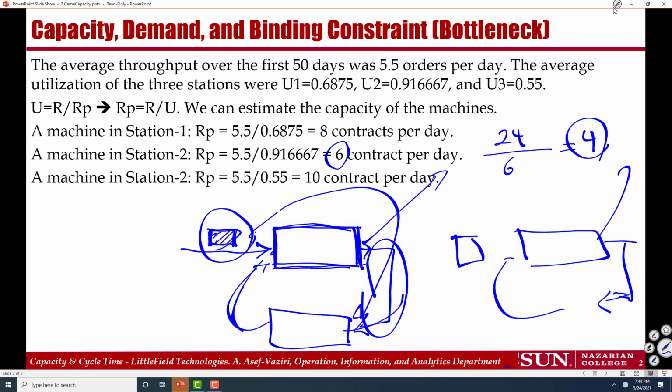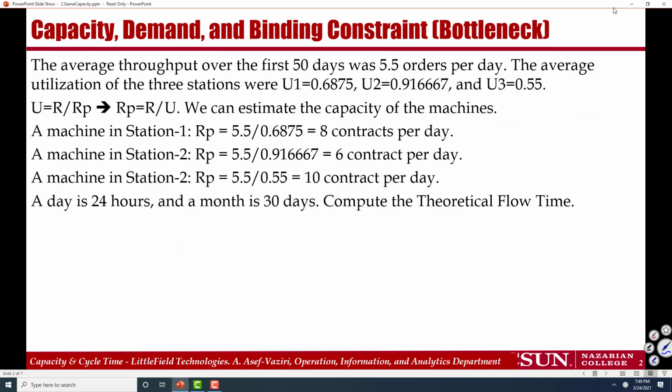So if the capacity is 6 per day, it takes 4 hours on machine 2, but because it will pass there twice, each time it will be there for 2 hours. Therefore, if a contract is here and we want to know how long it takes to go from this point to this point, if we ignore the travel time from 2 to 3, it takes 2 hours. Compute the theoretical flow time, which is easy.